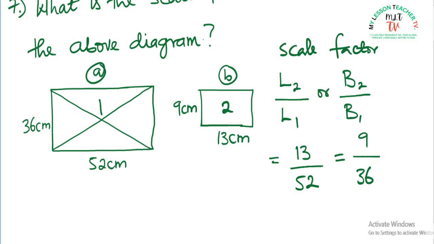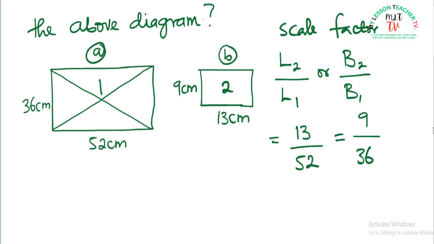So whichever you use is correct. Okay, so you are not advised to use both of them. So look for a term that can simplify both. 9 can divide itself and 36, so 9 into itself is 1. 9 into 36 is said to be 4. So our scale factor is said to be 1 over 4.